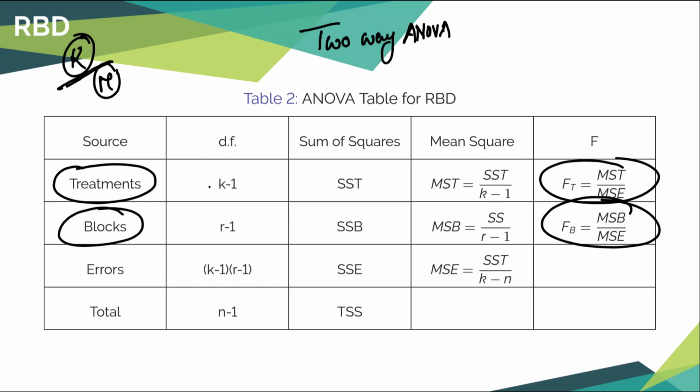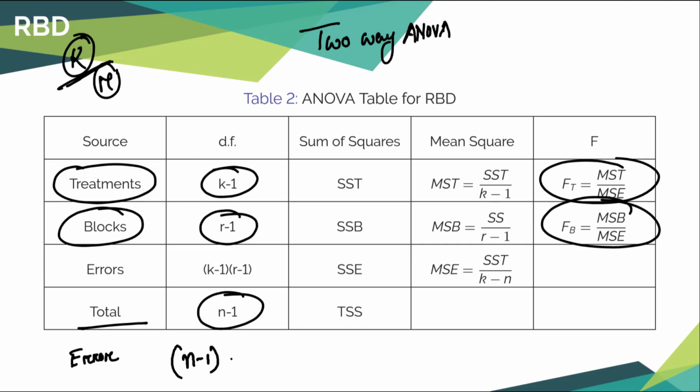Since we have K treatments, degrees of freedom for treatment is K minus 1. Since we have R blocks, degrees of freedom for blocks is R minus 1. And in total we have N values, so N minus 1 degrees of freedom for total. Now what will be the error degrees of freedom? For error it will be N minus 1 minus these 2 values, that means N minus 1 minus (R minus 1) minus (K minus 1).